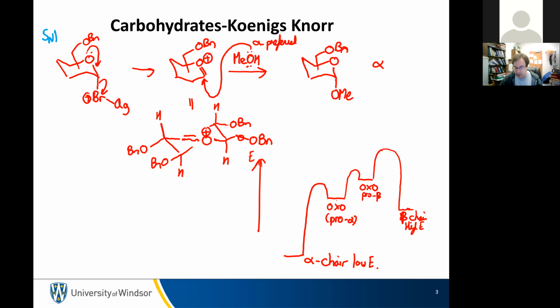So these 2 can switch back and forwards quite readily. I'm going to raise the energy barrier for this. It's going to be higher. No, it's going to be lower than that. It's higher than this, but lower than that.